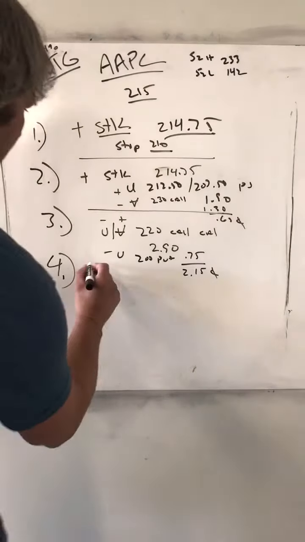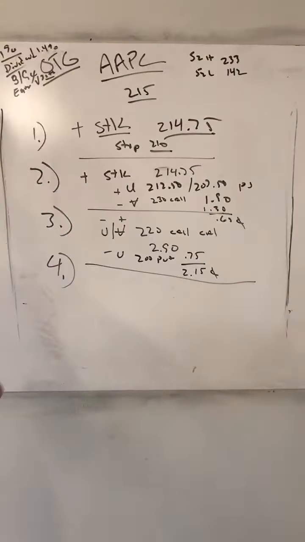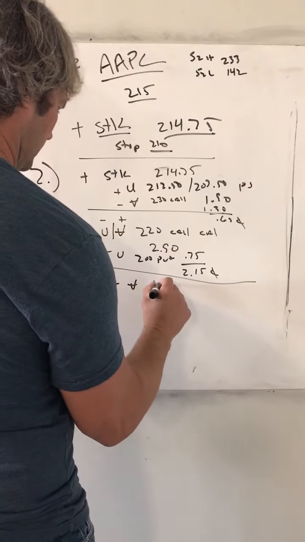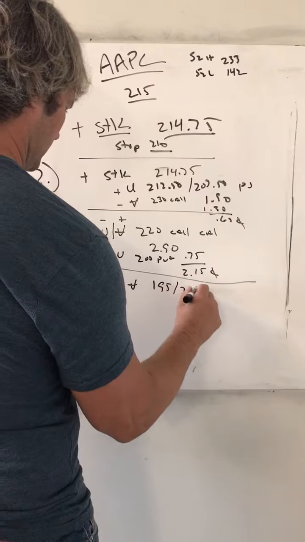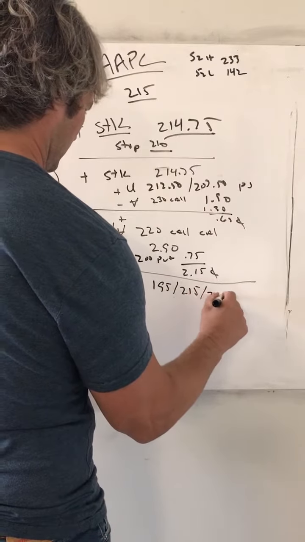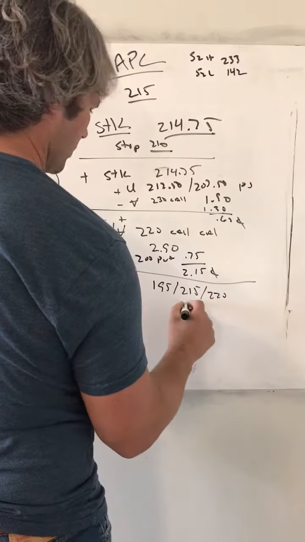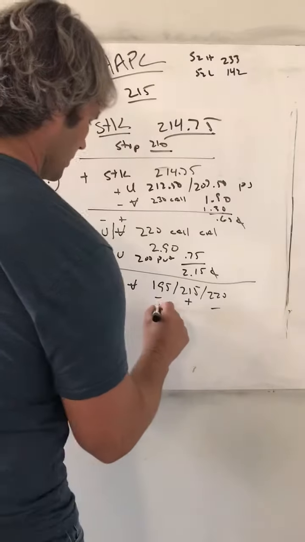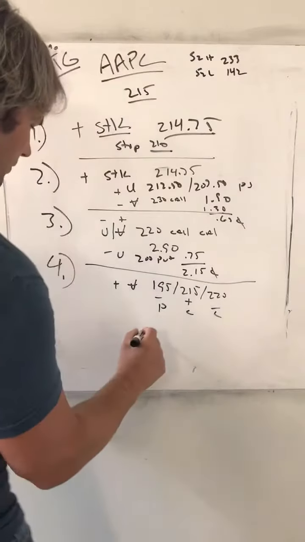All right. And finally, number 4, risk reversal. Buy that October 195, 215, 220 call spread risk reversal. Okay, so we're buying the 215 call, we're selling the 220 call, and we're selling the 195 put. Quoted like for 70 cents.